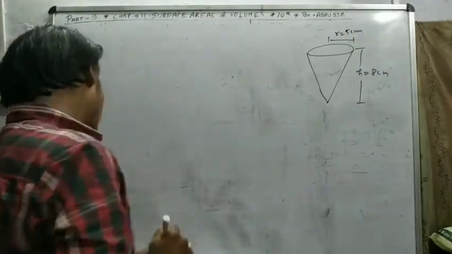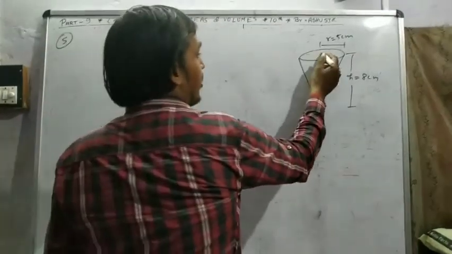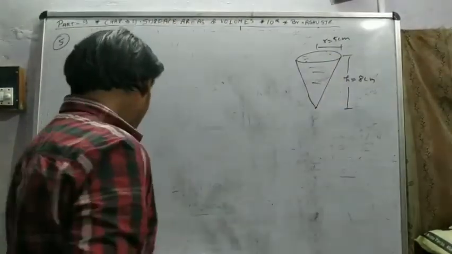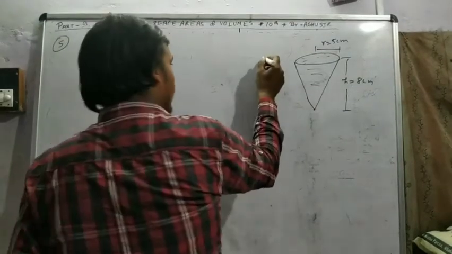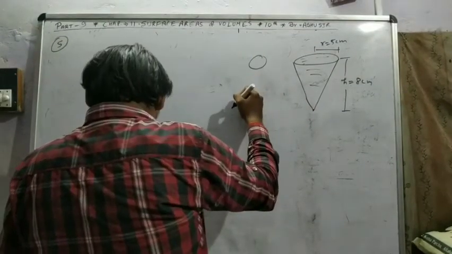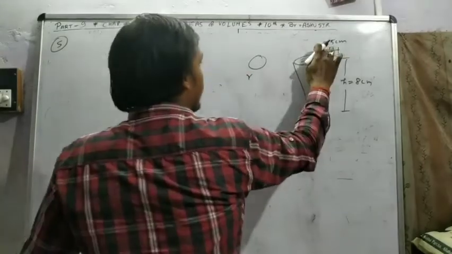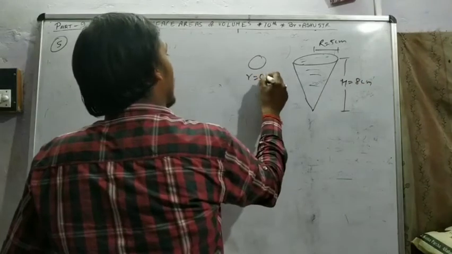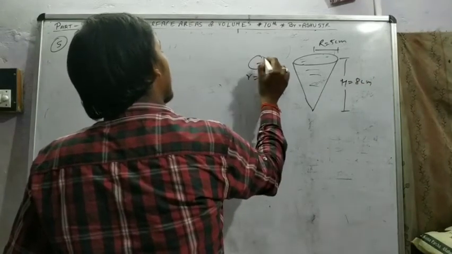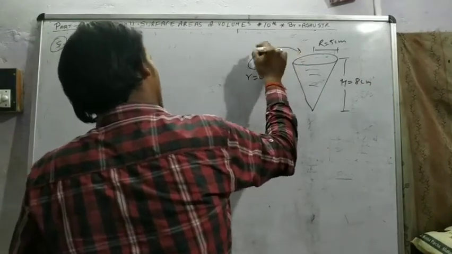It is filled with water up to the brim, the whole vessel is filled. Lead shots, each a sphere of radius 0.5 centimeter, are dropped inside.